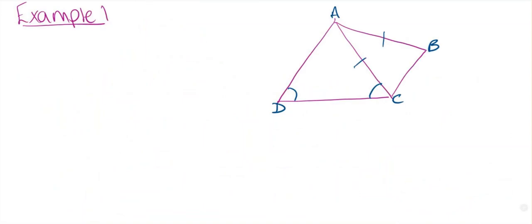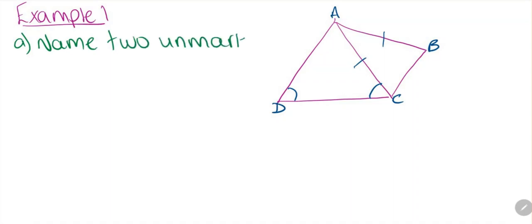Okay, so we got an example, example 1, and we have two triangles. So we have to name two unmarked congruent angles.